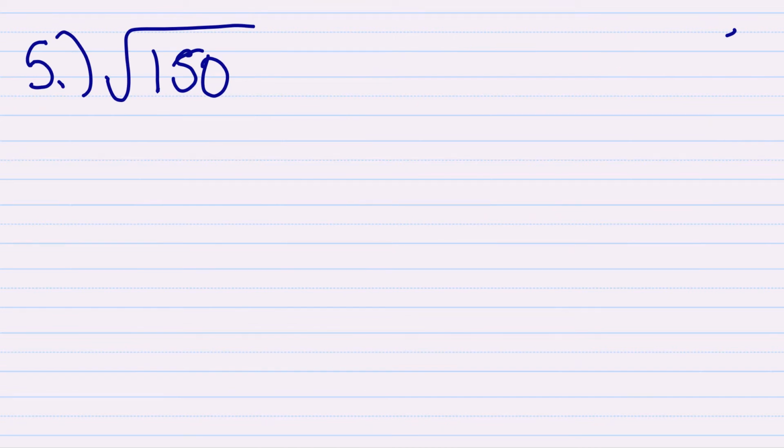Now, I don't like going through all the factors of 150 individually because I just think that takes a little bit too much time. So what I do is I just use the perfect square factors that I know.